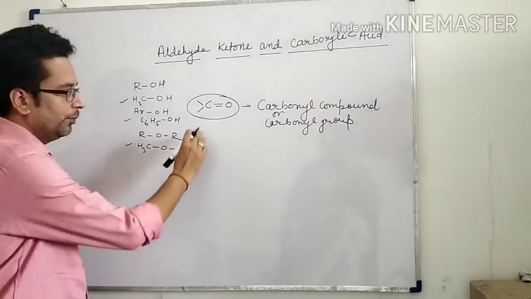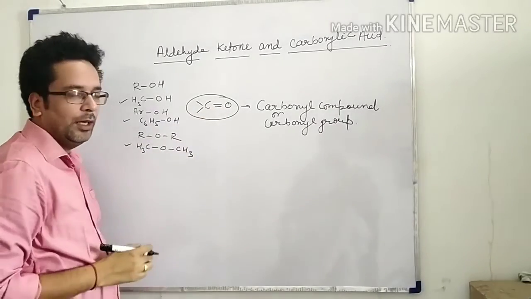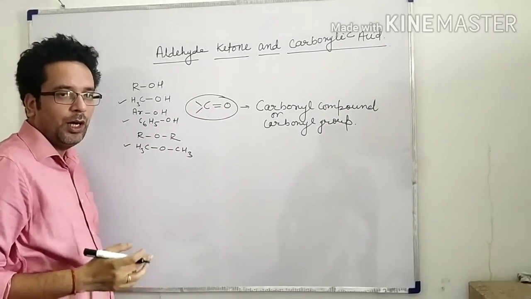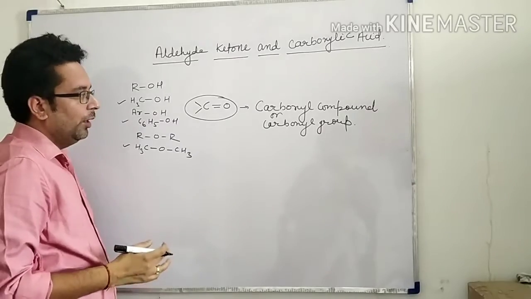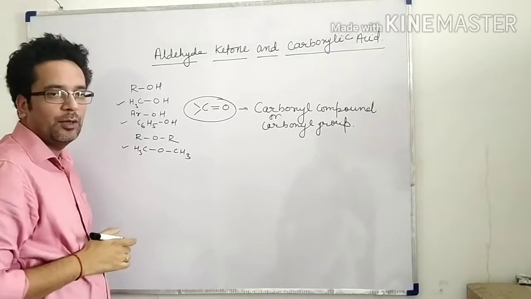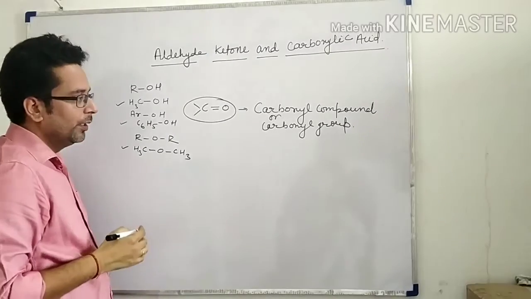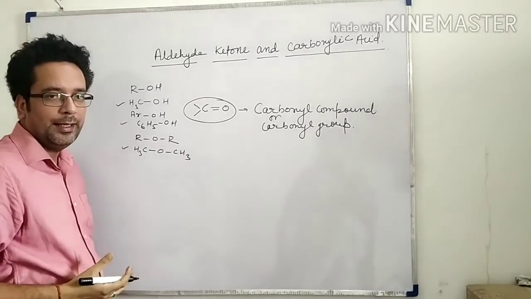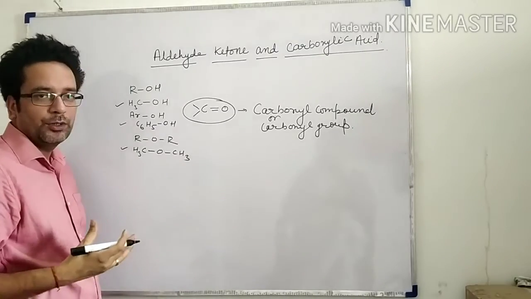So simply, carbon double bond oxygen is known as a carbonyl compound or carbonyl group. Now your chapter name is aldehyde, ketone and carboxylic acid. So first question, what are aldehyde, ketone and carboxylic acid?